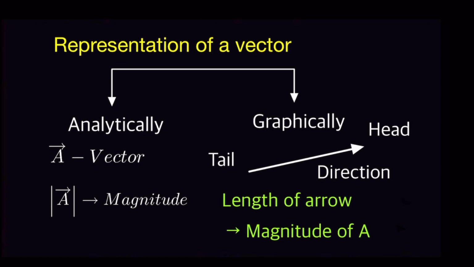The second representation method is graphically. How do you do this? Just make an arrow, and from tail to head, the length of the arrow is the magnitude of A, and the direction of the head of the arrow is the direction of this vector.